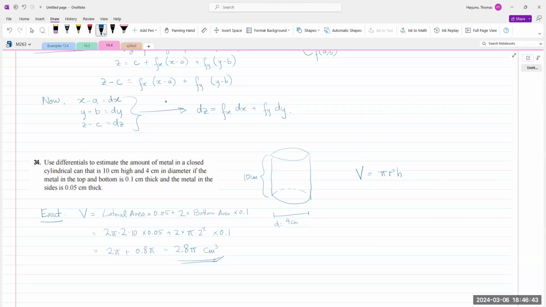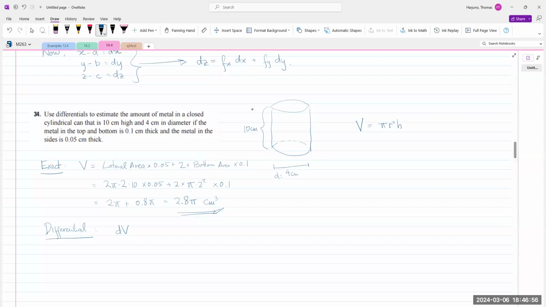So using the differentials method, the change of the volume is the derivative of that volume with respect to r times dr plus the change of the height, right? The derivative of that volume with respect to height, which is pi r squared times dh.